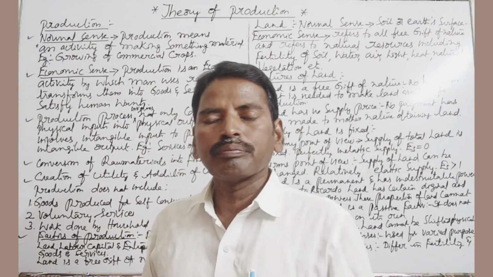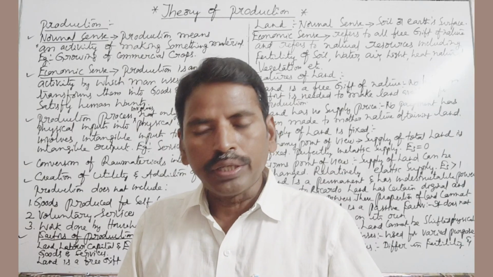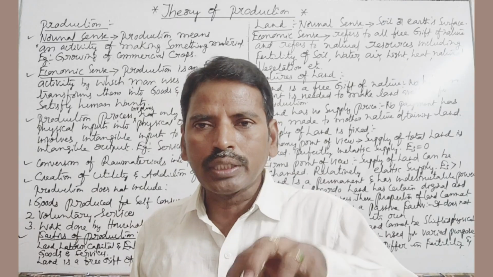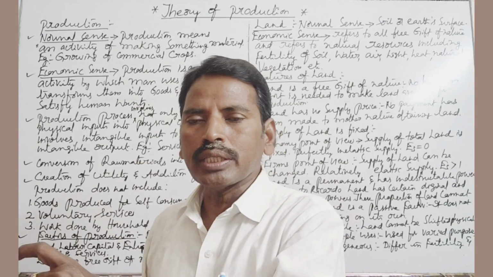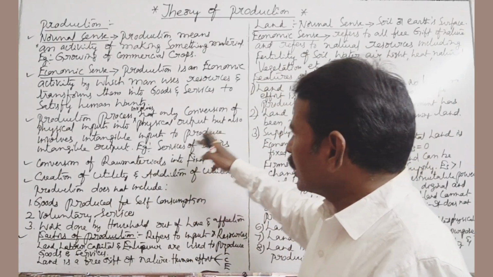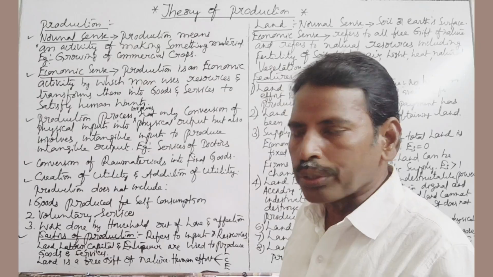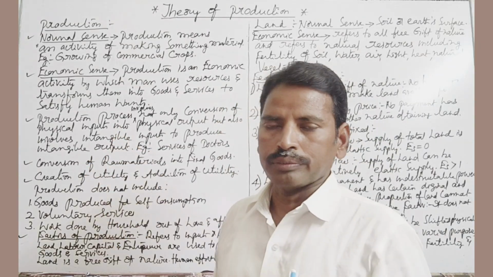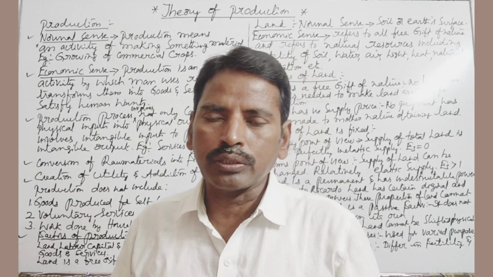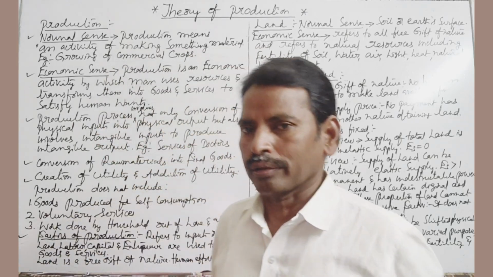For example, land, water, seeds, fertilizers, pesticides, and agricultural implements are the physical inputs, and paddy is the physical output. It also involves intangible inputs to produce intangible output, that means services of doctors, engineers, chartered accountants, etc.